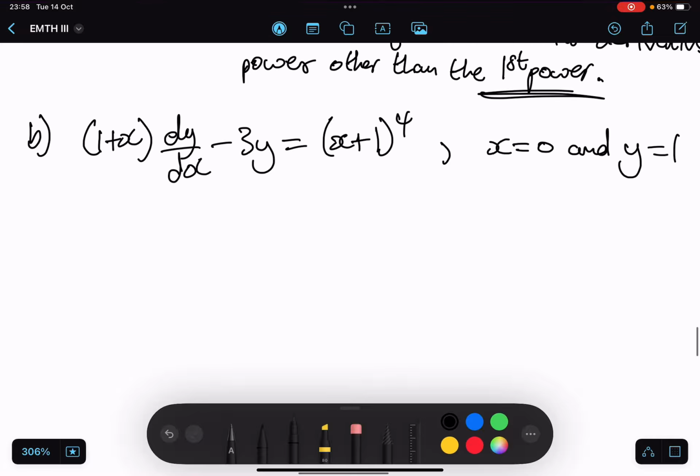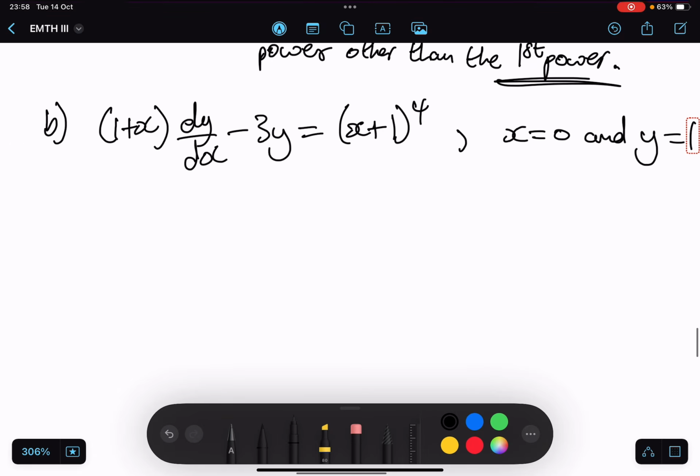If we are using the integrating factor method, we need to rewrite this equation into a certain format, dy/dt + p(t) y = g(t).